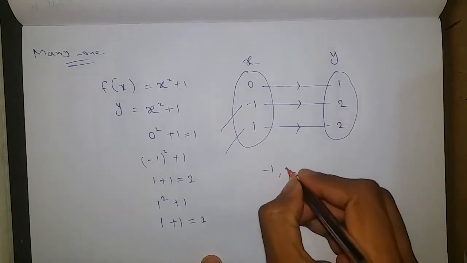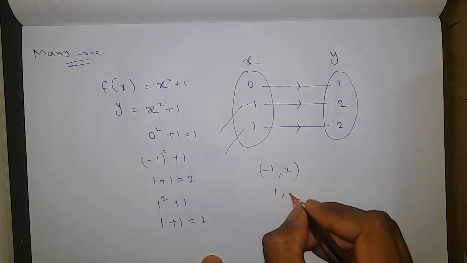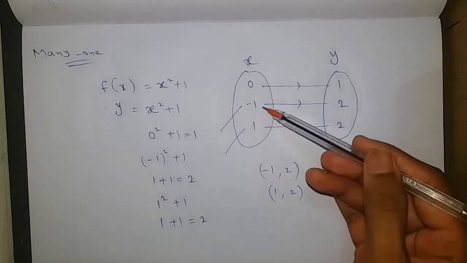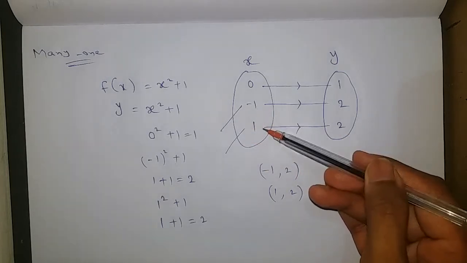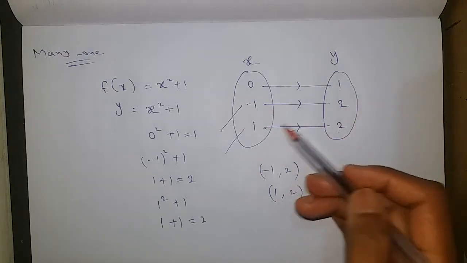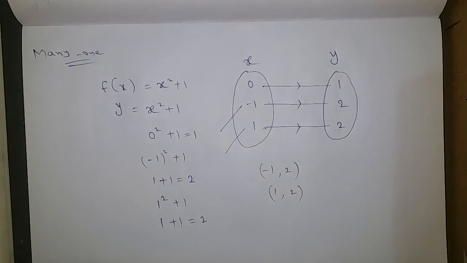So -1, 2 as well as +1, 2. Two elements from the set A have the same image. So this type of function is called many one. It means many elements have one image.